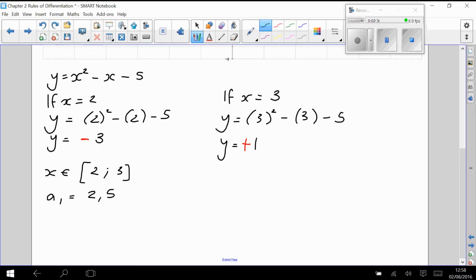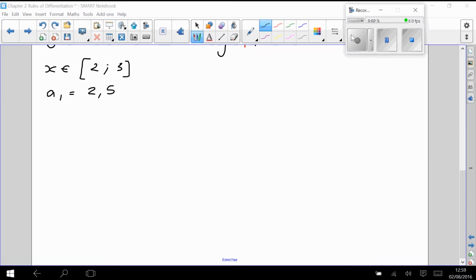Now I'm going to set up my Newton-Raphson formula. But in order to do that, I have to have the derivative of my function. The derivative of the function of y in the variable x is going to be given to me by 2x minus 1.